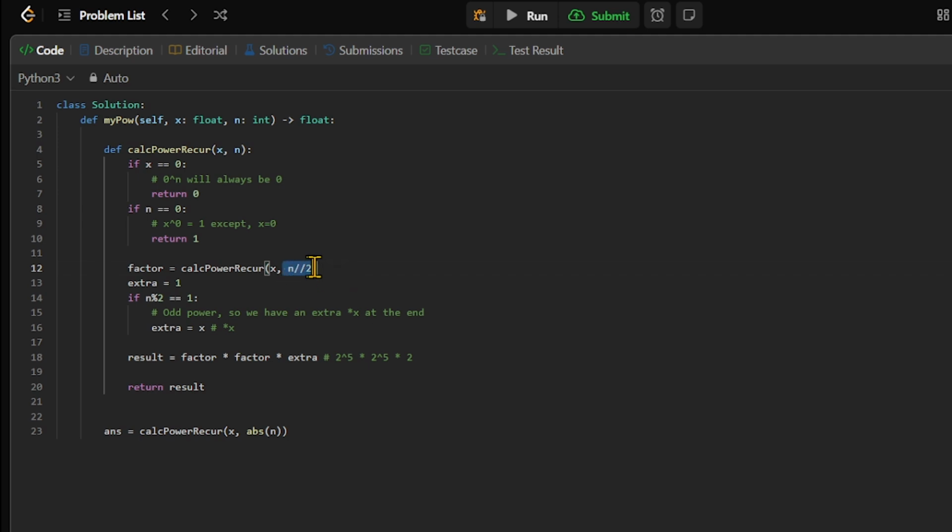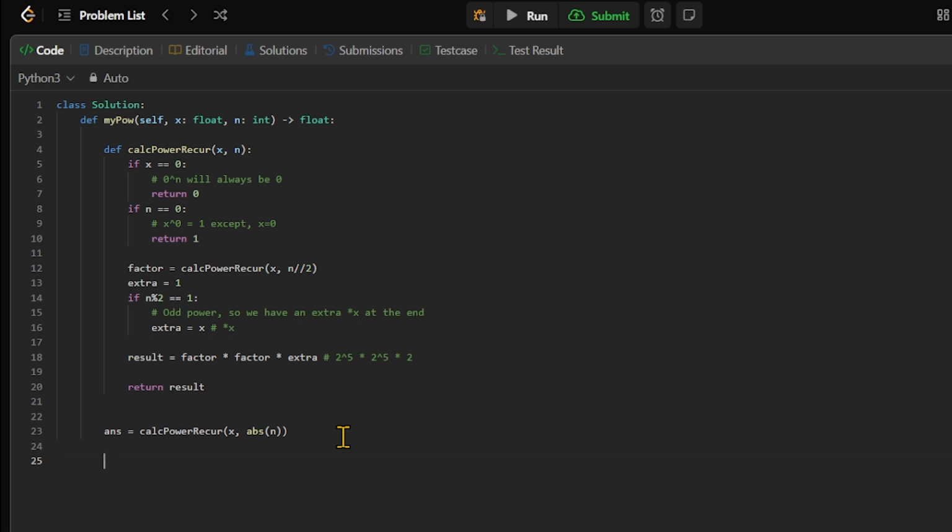We're breaking down 11 to 5, 2 5s, and 1 2. We calculated the factor once, 2 to the power 5 once, and we already have it, so we just times it by itself, and then times an extra 2 if it is needed. In this case, if it's 11, there's an extra 2 here. And then we return the result of that. And yeah, so that's the recursive function.